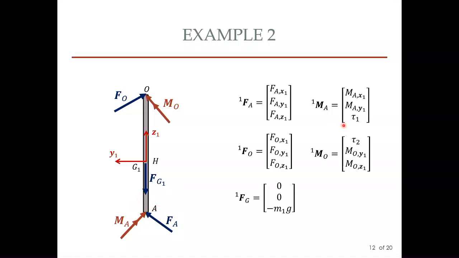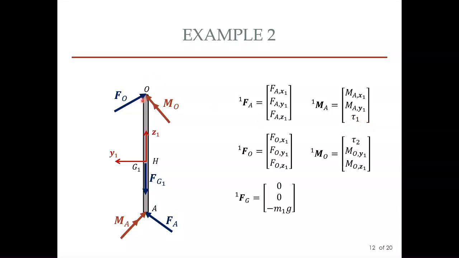So if there is an actuator, put some actuation torque or driving torque here. This is tau 1. If there is nothing, put 0 in the relevant component.